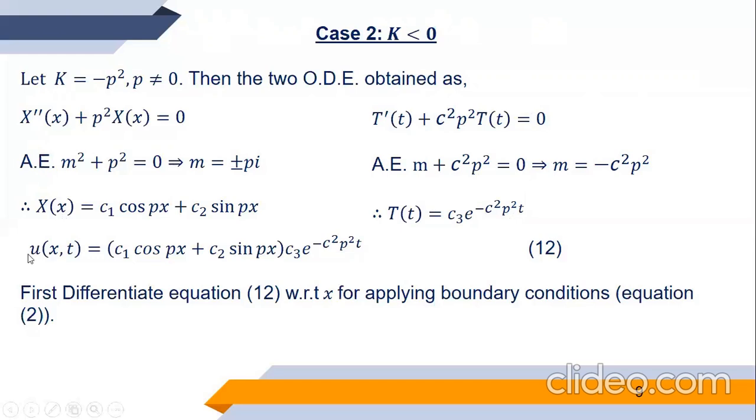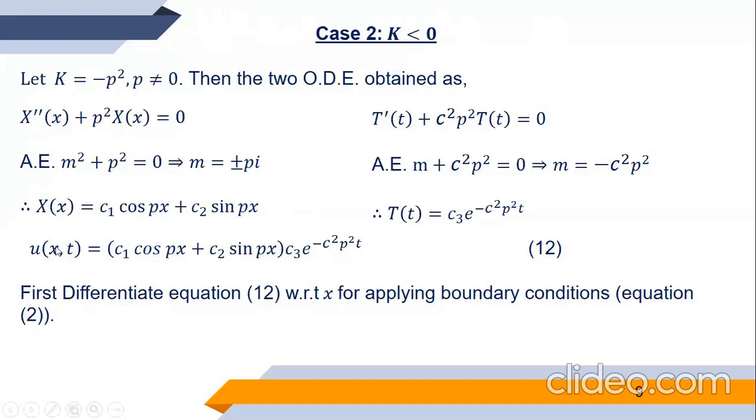So therefore the general solution for the k less than 0 case, X of x into T of t, is nothing but u(x,t) is equal to (c1 cos px plus c2 sin px) into c3 e raised to minus c square p square t, which is called equation 12. Now, for this case, k less than 0, we get u(x,t) is this.